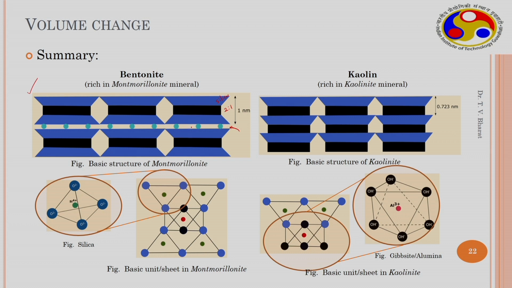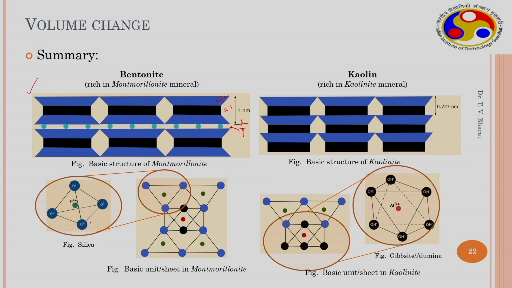So, the layers can expand. The expansion can take place in between these two. This distance can increase so that layers can expand. And also the hydration of individual exchangeable cations takes place, and hydration of interlayers and hydration of external surface takes place, and after that diffuse double layers would form. This causes expansion of the mineral.